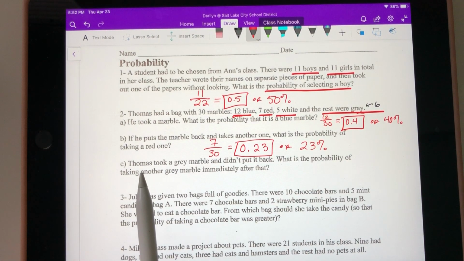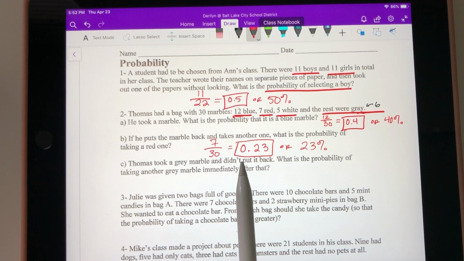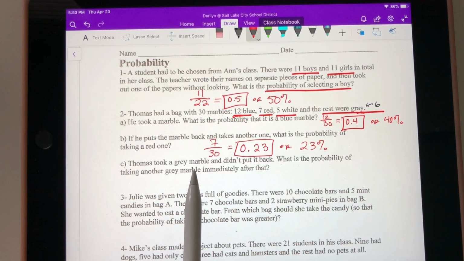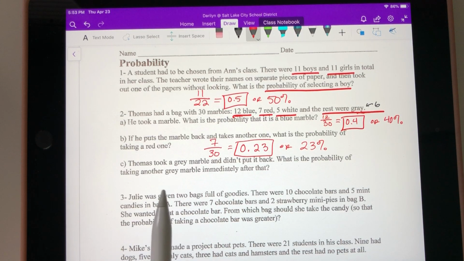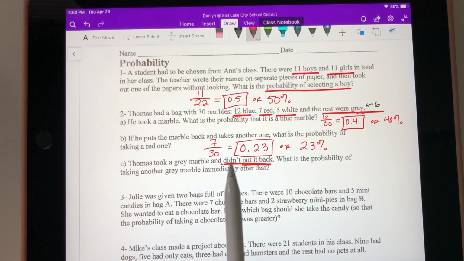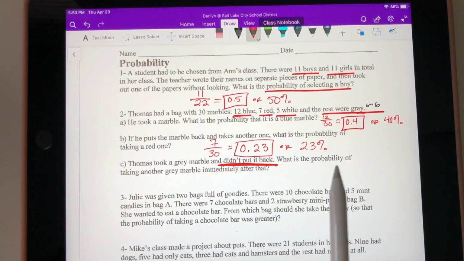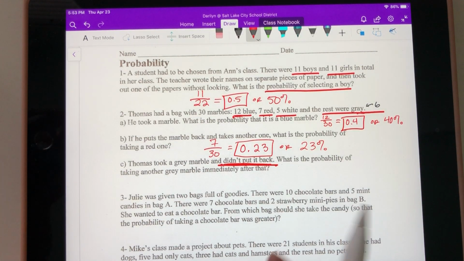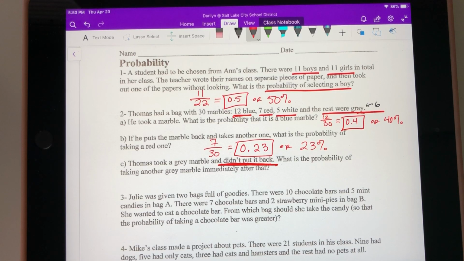Okay? Thomas took a gray marble and didn't put it back. What is the probability of taking another gray marble immediately after that? So this is where it's not being replaced. So he didn't put it back. This is not replacement, which means that now they want to know what's the probability of taking another gray marble. So on the second pull, what's the probability of getting a gray marble?